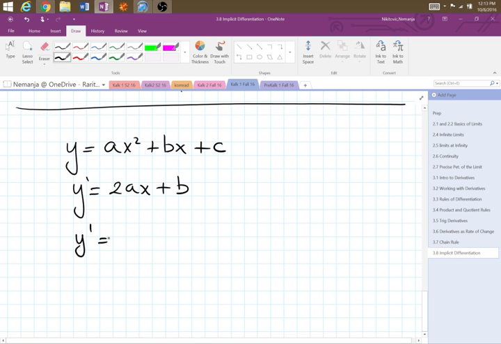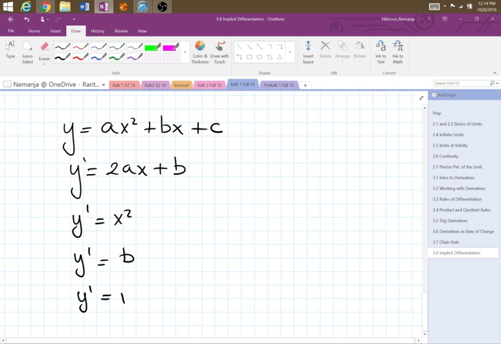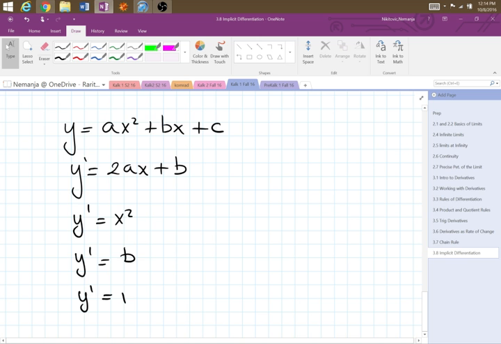Y prime equals x squared. Y prime equals b. Y prime equals 1. And at this point, you should be confused. Unless you are so super in mathematics and you'll say, oh yeah, of course, obviously, that's what's happening. But I'm using bad notation.